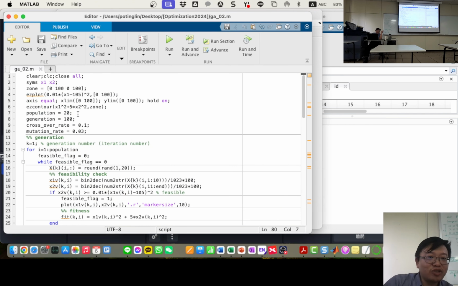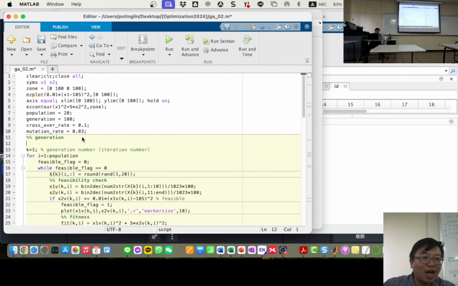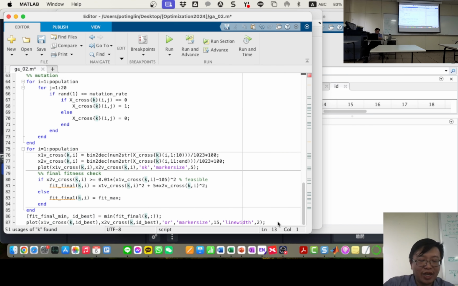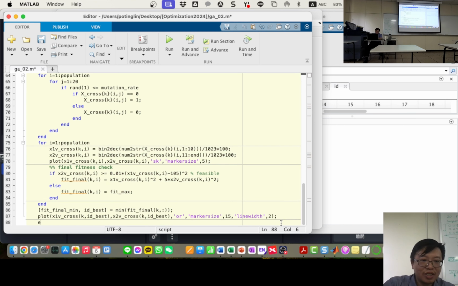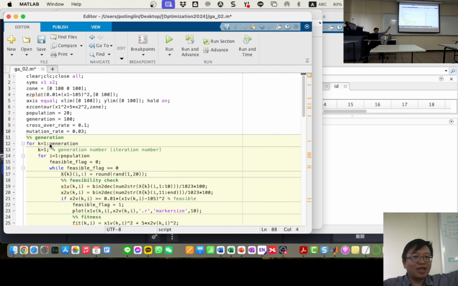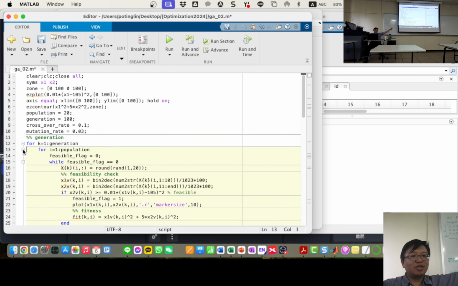So going back to the beginning, I need a super large while loop or for loop for k goes from 1 to generation. Okay, then my k will evolve, but at the beginning, when k equals to 2, I need to keep the overall best.